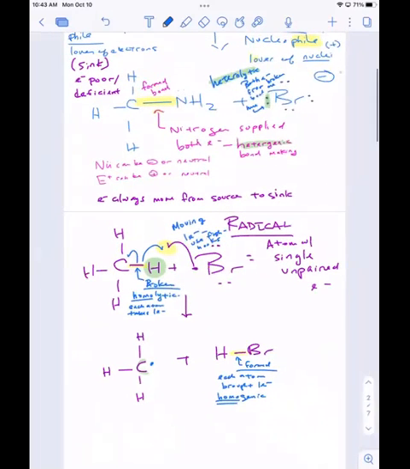This example I use for the radical reaction is actually a precursor to what we call a radical substitution, where we'll eventually put a bromine here, but we're going to cover that reaction in detail. So we're not worried about it right now. Any questions about either one of these processes, or what a nucleophile is, what an electrophile is, so on and so forth? Any questions?